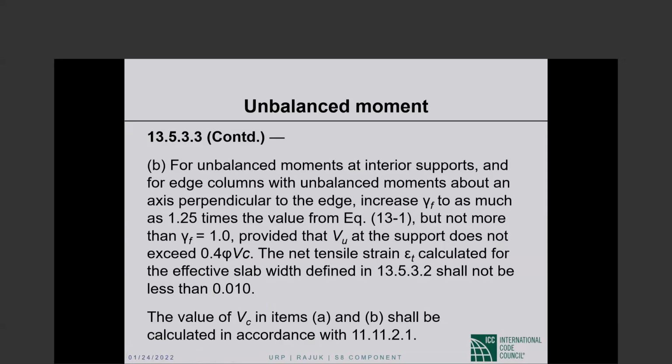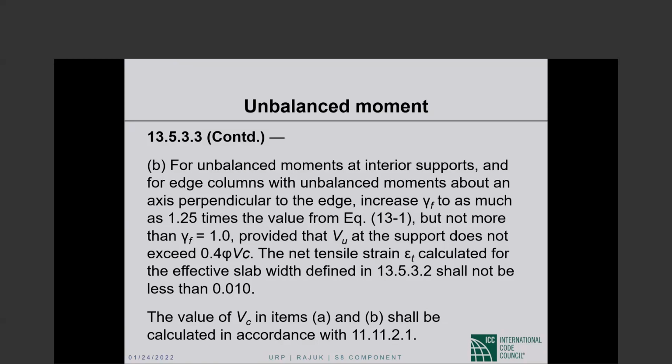In addition, the net tensile strain that I discussed with you, calculated for the effective slab width, which I don't think we have gone to yet but is coming up, shall not be less than 0.010. All of that will not register, but I will show you numbers.